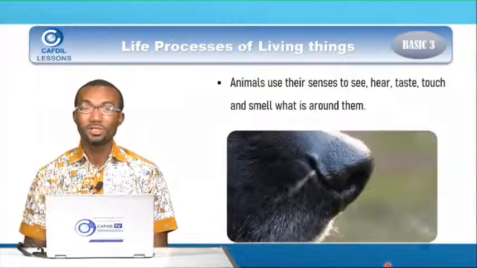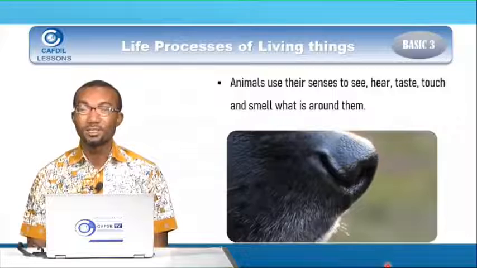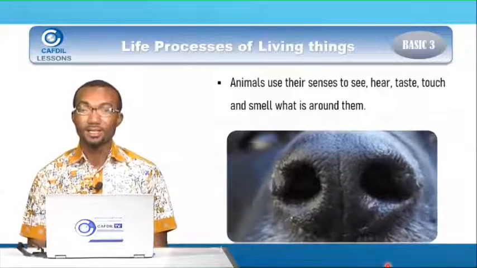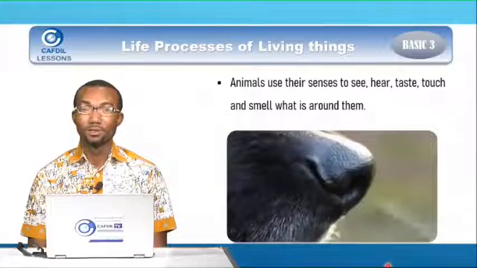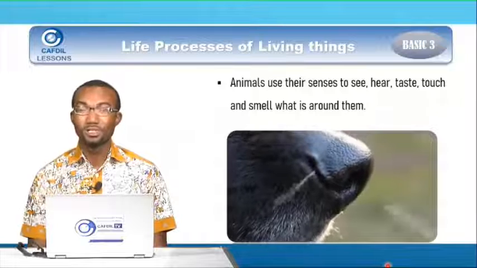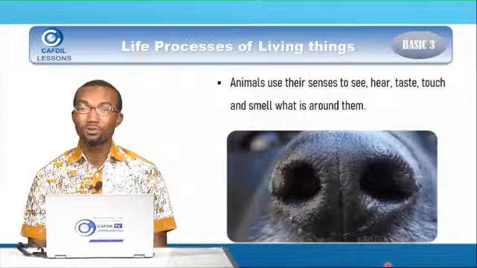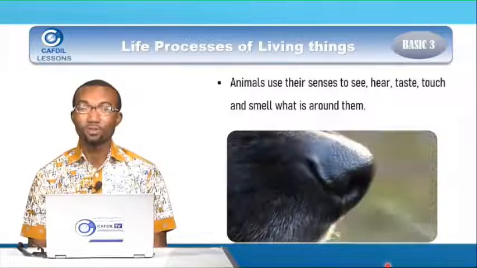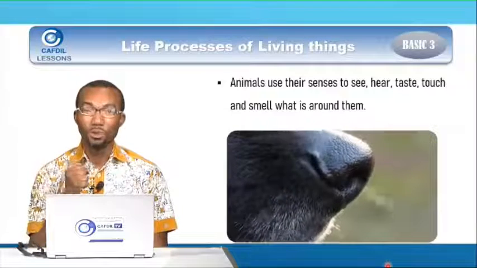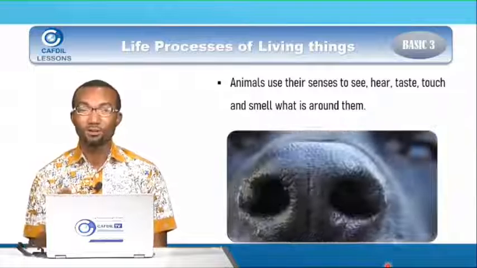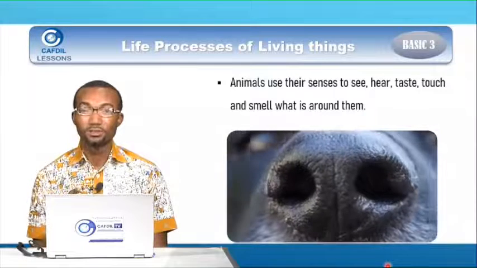Animals also use their senses to see, hear, taste, touch, and smell what is around them. So we have nose, skin, ear, eyes, the same way animals also have some. And if you look at this dog, one of the most powerful sense organs of dogs is their nose.